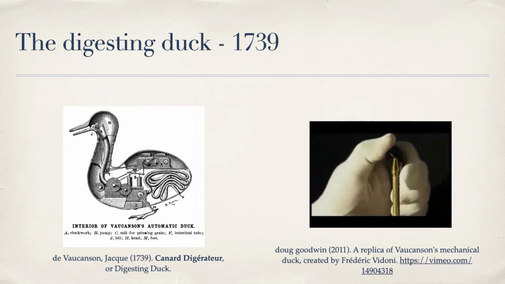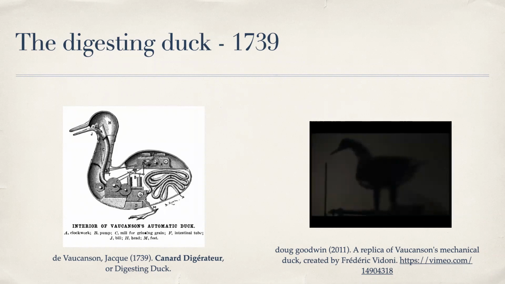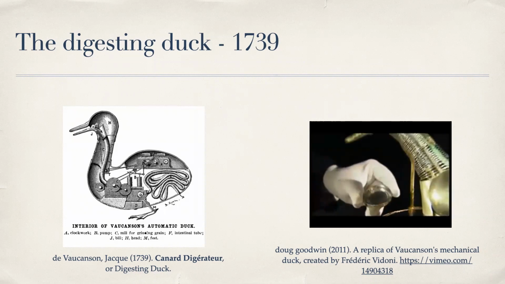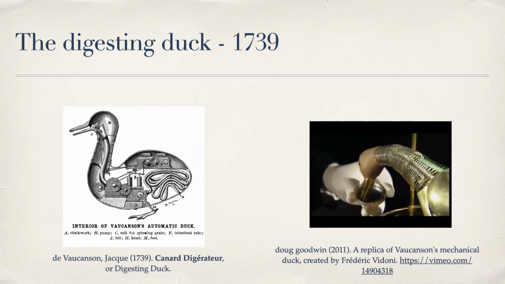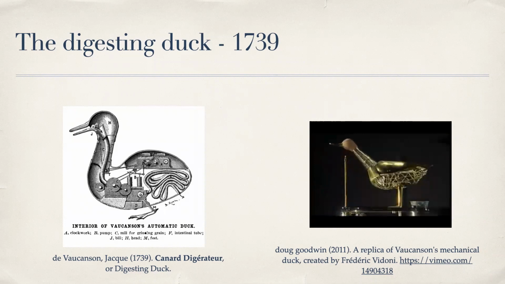This is basically like a clock. You have some gears inside, and this thing can look like a duck in some sense. It looks like it's eating some food, and then you look inside and you see things happening, and it looks like it's digesting food. So the idea was to create a duck that can eat and that can poop. Pretty simple.